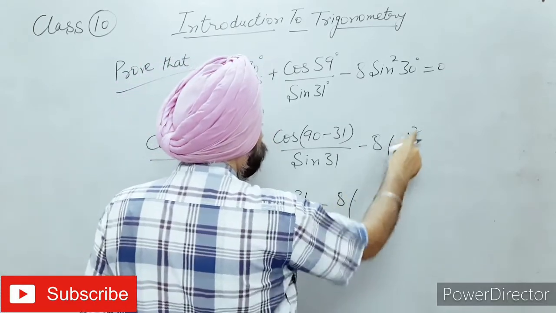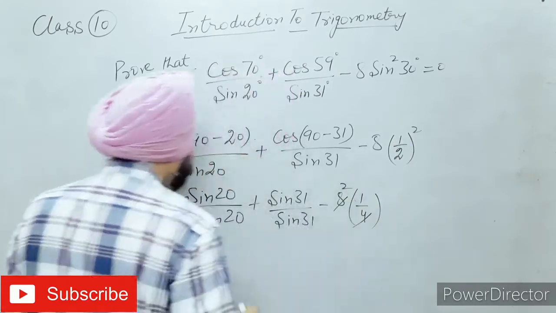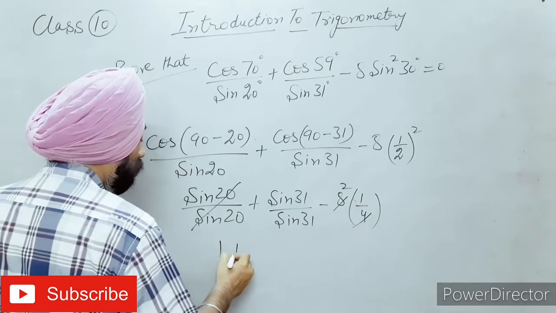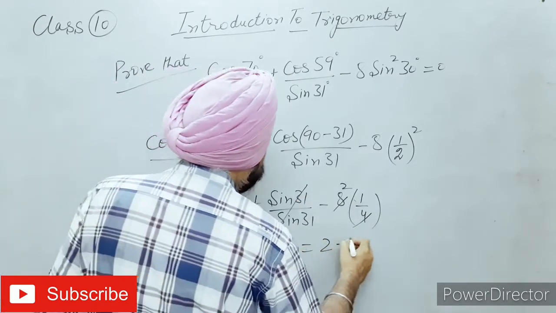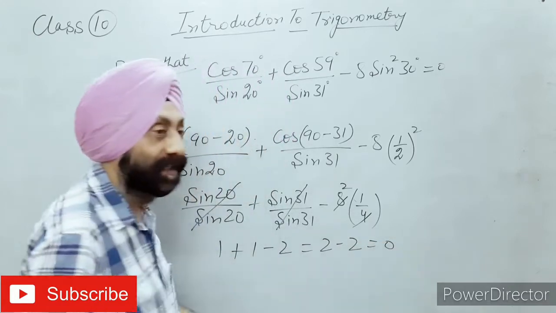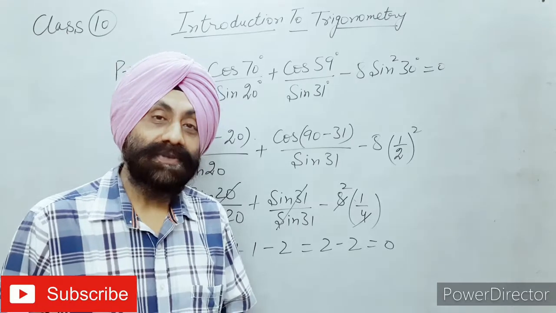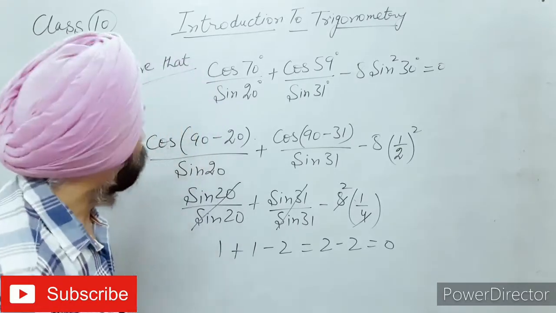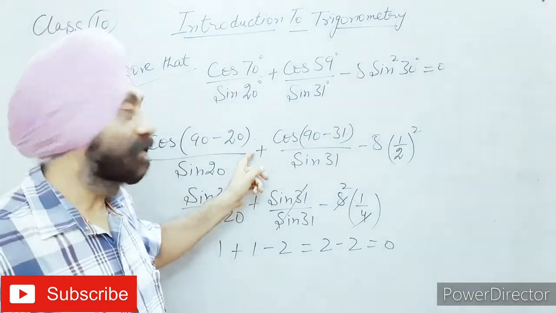What is 1 by 2 square? That is 1 by 4. So I get 2 over here. This cancels. I get 1. This cancels. I get 1 minus 2. The 2 minus 2. My answer is again 0. Right? Now the concept used is only cos 90 minus theta, that is complementary angles concept.